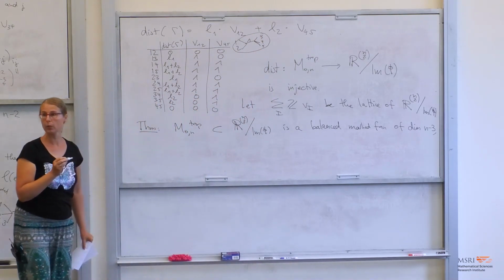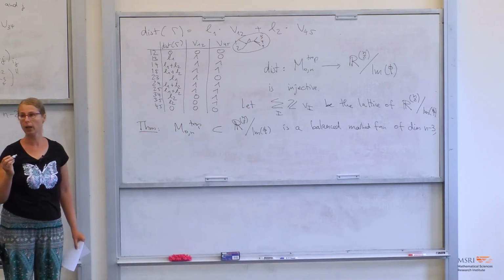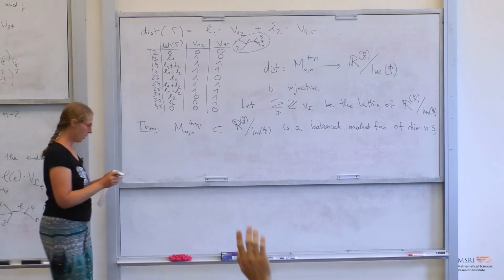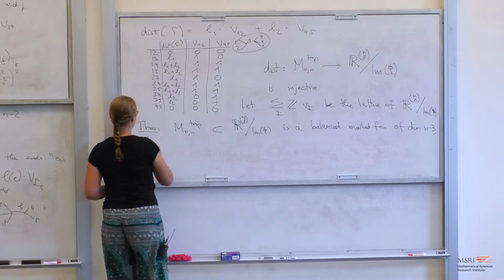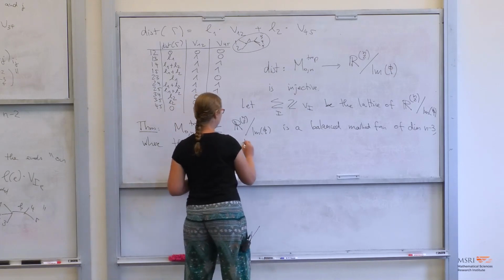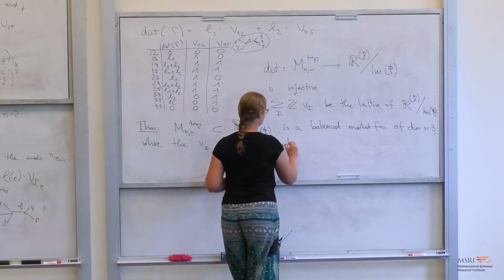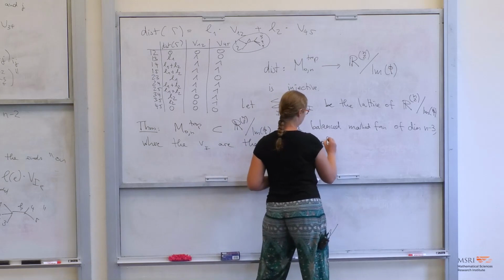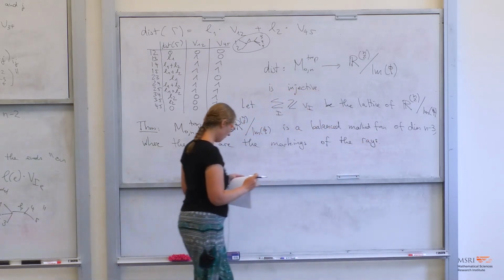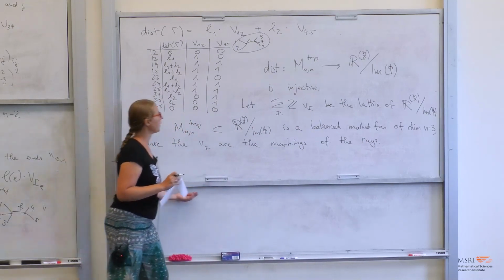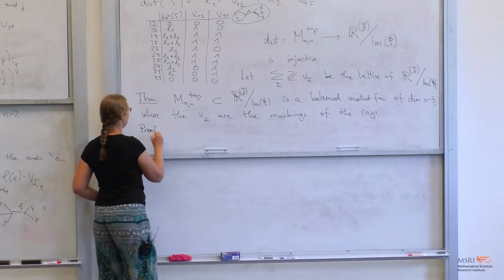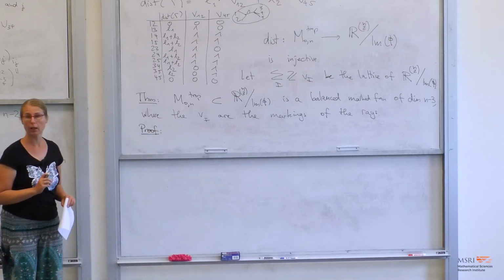So the rays correspond to those vectors Vi, and I want the vectors Vi, of course, to be the markings. Okay, so the Vi are the markings of the rays. Okay, and we're going to prove this. And for the proof, we're now going to use all the preparation that we did last time.